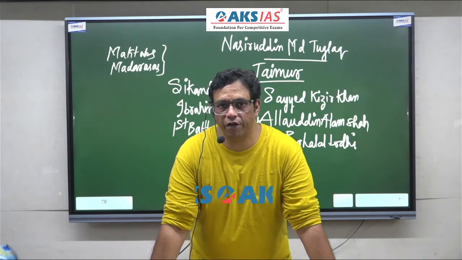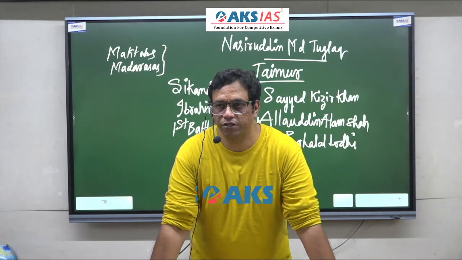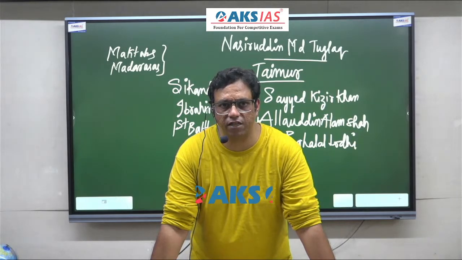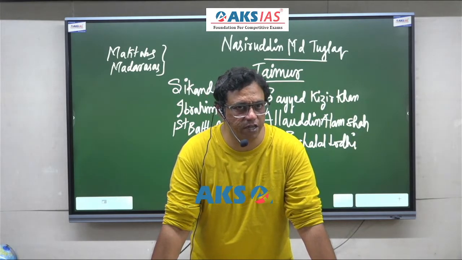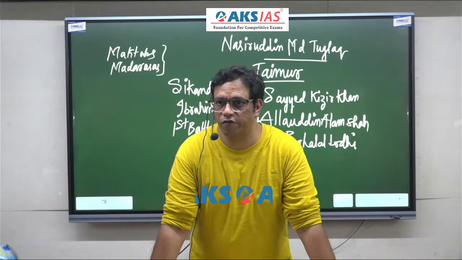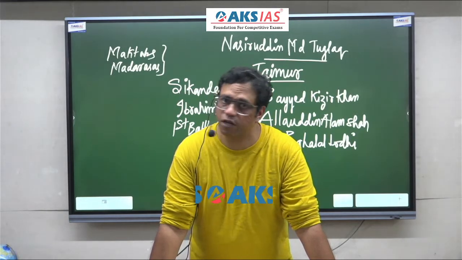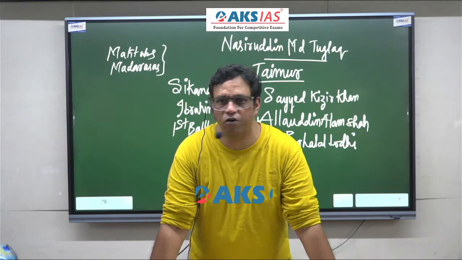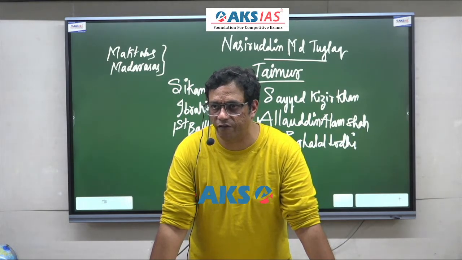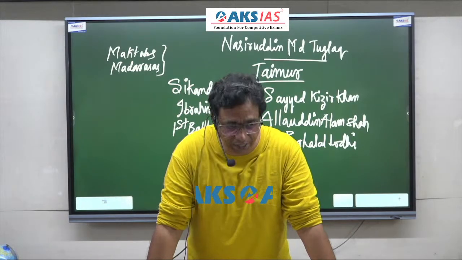And let me also give you a very important point here. All the rulers of Delhi Sultanate were not sovereign rulers. They were not independent rulers. They were subordinates under the Khalifa. And when it comes to the Mughal Empire, all the rulers were sovereign rulers. They were not subordinate to any Khalifa. Okay, please remember that difference. Please take that point.